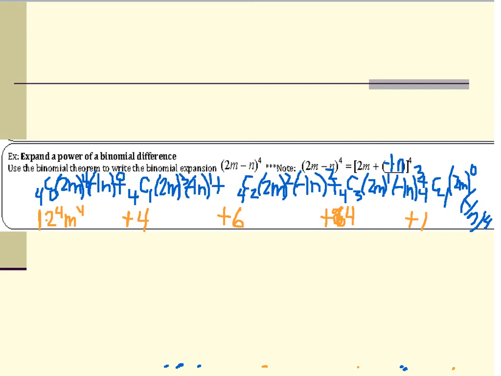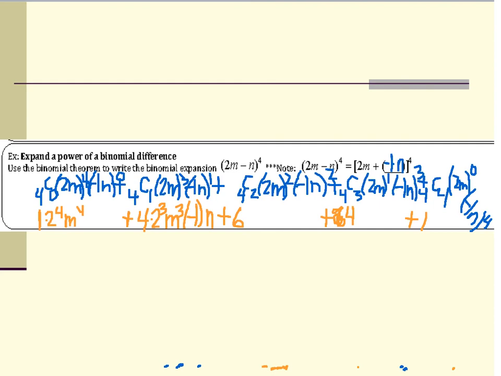So let's write that out here. So times 2 to the third, m to the third, negative 1 to the first, that's just going to be negative 1, and then n to the first is just n.